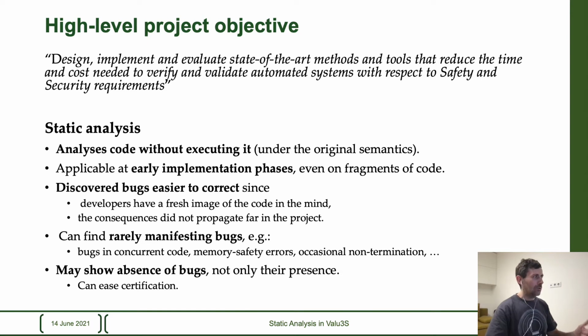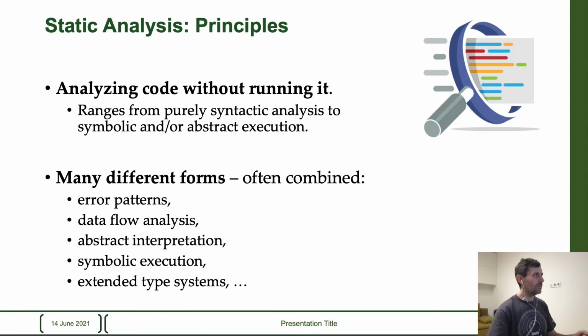Finally, to mention one more advantage of static analysis, it may not only show presence of bugs, but sometimes also prove absence of bugs, which can be convenient, for example, when certifying some critical software.